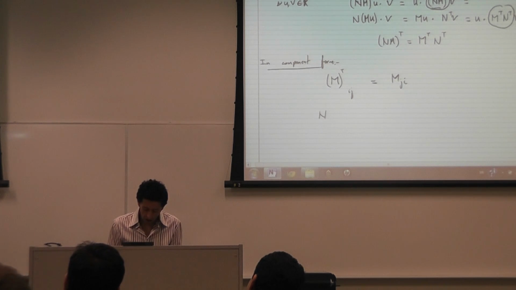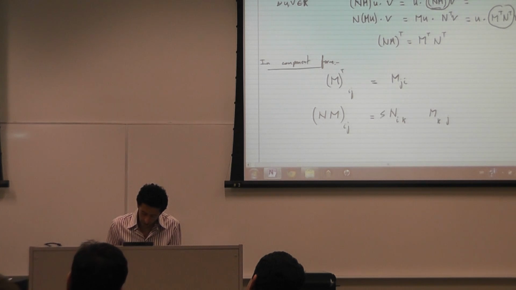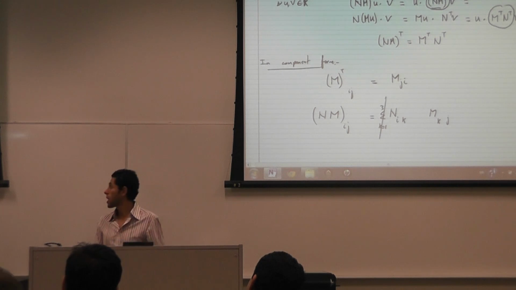A matrix N multiplied by a matrix M is a matrix that has components ij. This is equal to N ik, M kj, and in the middle there is a summation over k. And the summation is implied.